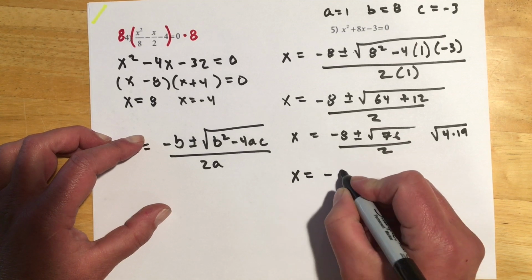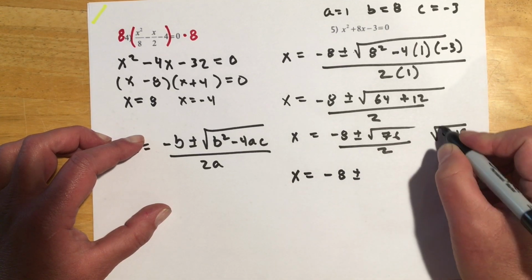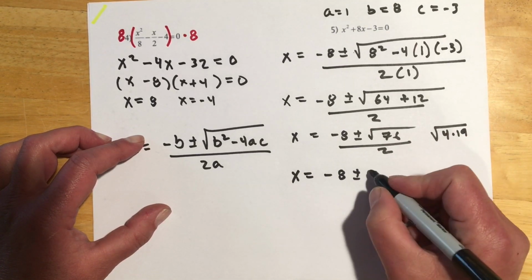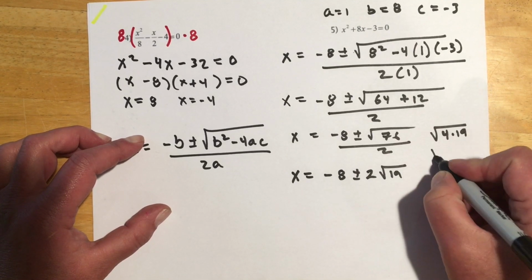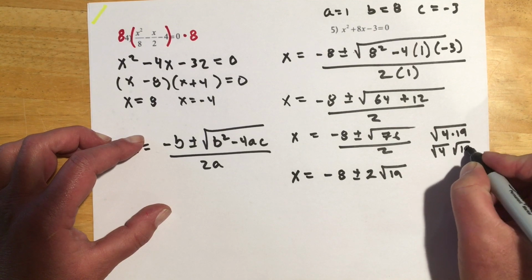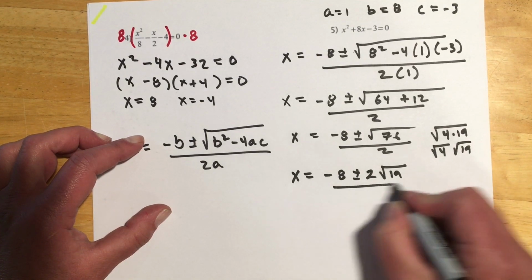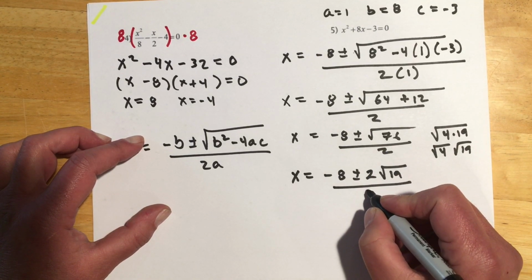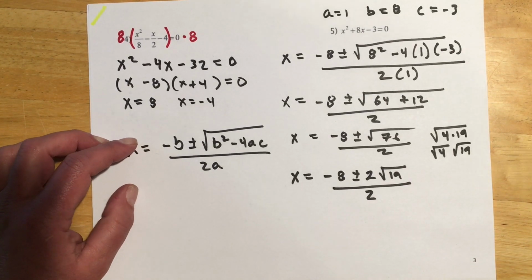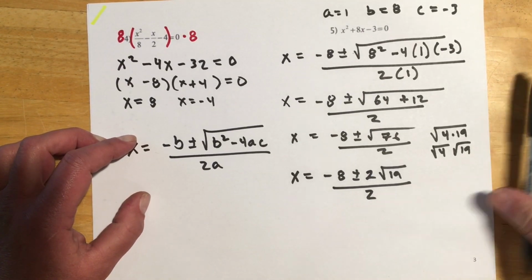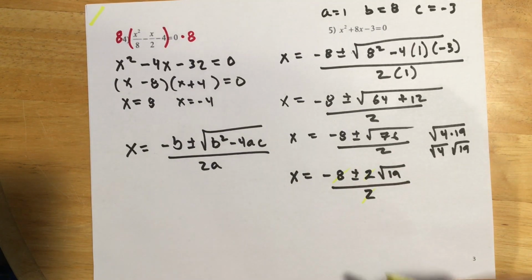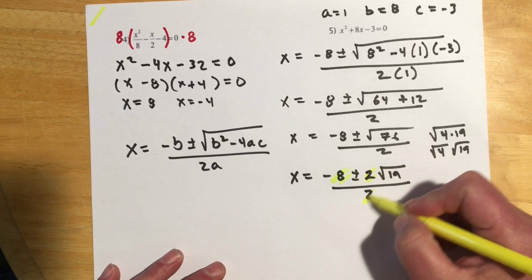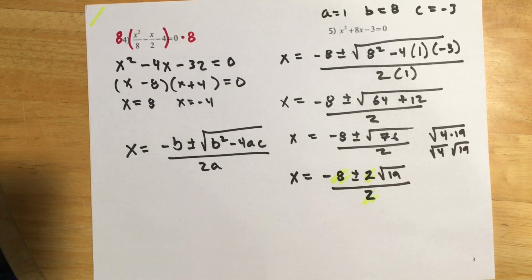So that'd be x equals negative 8 plus or minus, square root of 4 makes it 2 come out, and the 19 stays inside. I'm thinking of this as square root of 4 times square root of 19, and that makes 2 root 19, over 2. Once you do that bit of reducing, if there's a number here, here, and here, and all of those are divisible by the same thing, then that means it can be reduced.